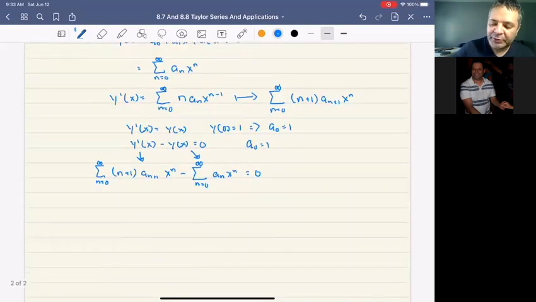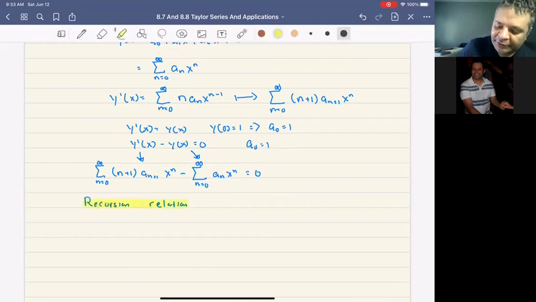Okay. So now we're going to get what's called a recursion relation. Now all this is still looking ahead. It's not really necessary for what we're doing in Calc 2, but later on when you go to DiffEQ, you might want to look at this video again and be like, oh yeah, that's what they're talking about.